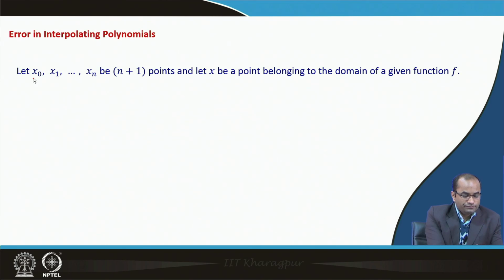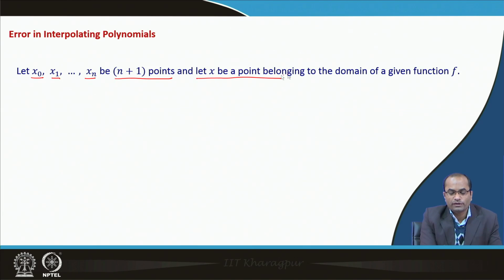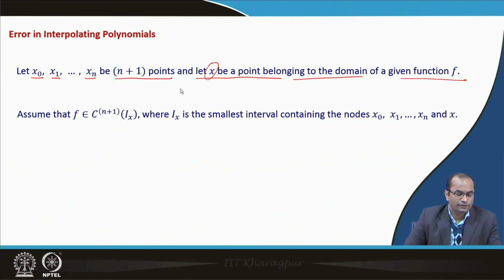So, suppose x0, x1, x2, x3, ..., xn are n+1 points, and we let x be a point belonging to the domain of a given function. All these points x0, x1, x2, etc., and also the one more point x we have taken, belong to the domain of the function.